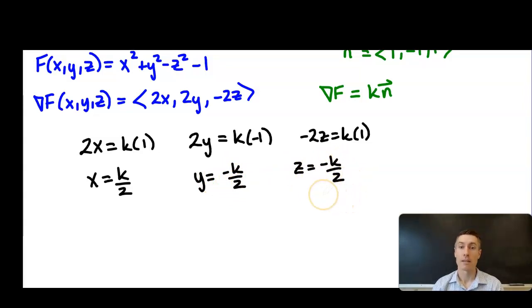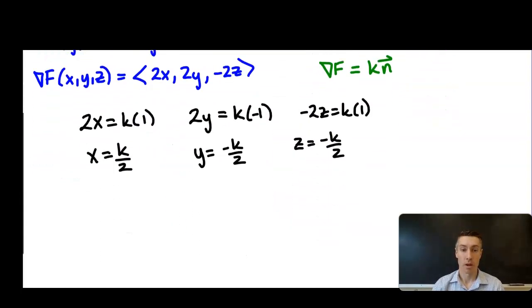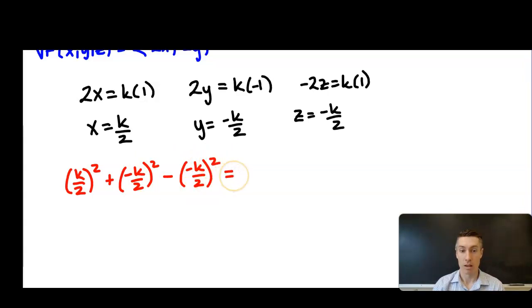Now that we have x, y, and z all in terms of k, we are searching for points on the surface of the hyperboloid. So that means we want to plug back in to the equation of the hyperboloid, now in terms of k, to try to solve for those points. Okay, so that's going to be k over 2 squared plus negative k over 2 squared minus negative k over 2 squared equals 1.